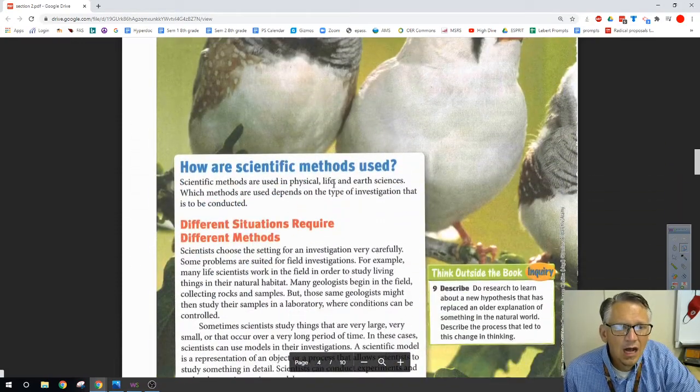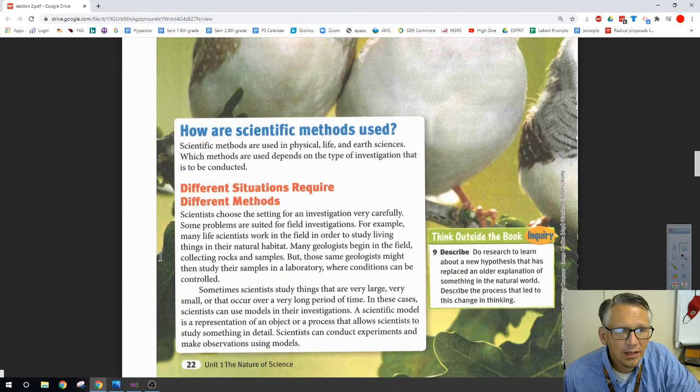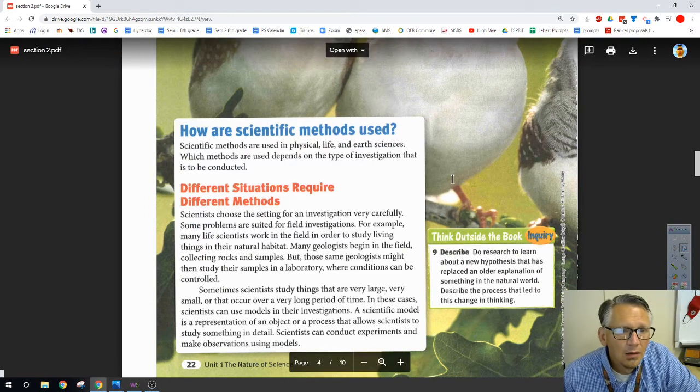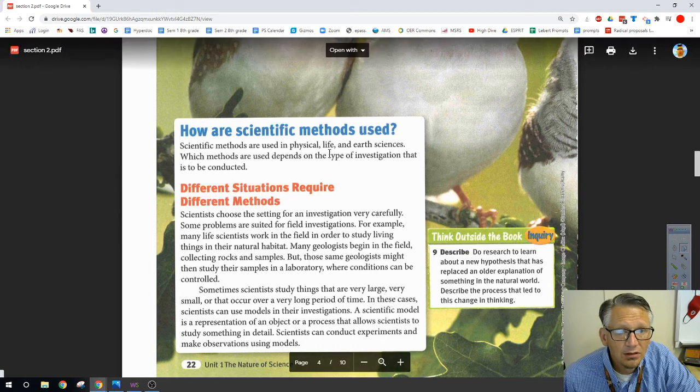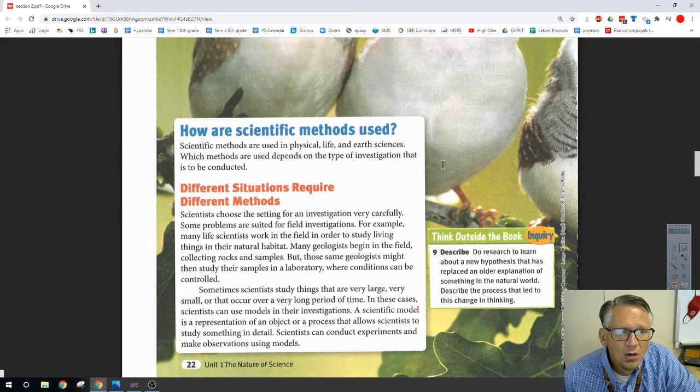Life lessons. How are scientific methods used? Scientific methods are used in physical, life, and earth science. Which methods are used depends upon the type of investigation that is conducted. Different situations require different methods. Scientists choose the setting for an investigation very carefully.